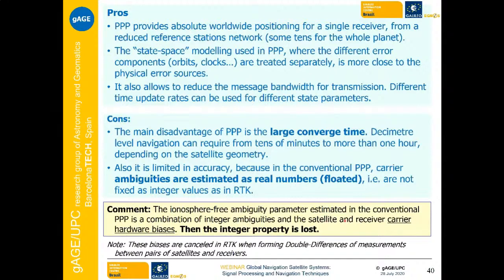Here we are not using double differences of ambiguities. Then the ambiguities are real valued terms. And we estimate these ambiguities as real numbers. This is what we call floating the ambiguities. And then there is some estimation error, not only the convergence time.